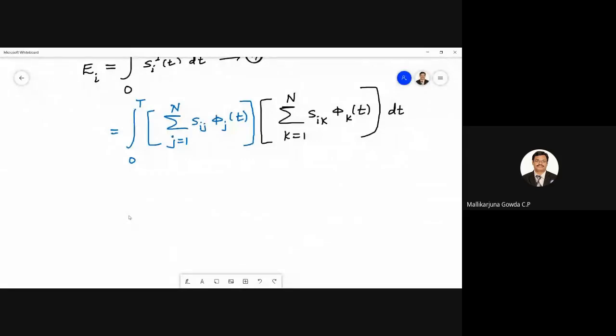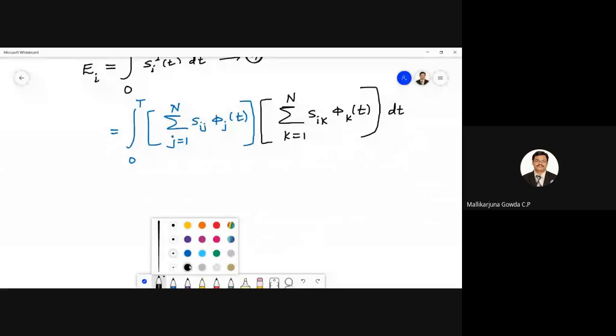s_i squared of t, I have taken two vectors, one is s_i and another is s_k. I am putting k equal to i, but I am splitting here independently and writing what is s_i(t) and what is s_k(t). Is that fine? Or any difficulty in understanding this equation?